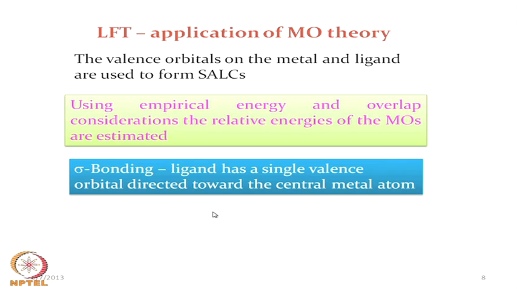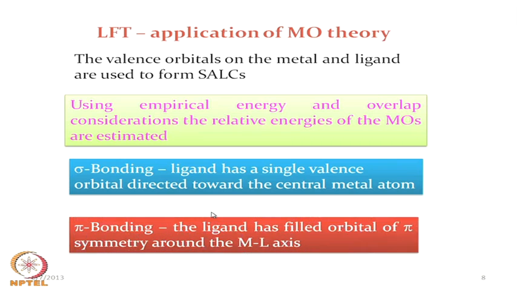Similarly, what can happen for pi bonding? We will get the typical pi bonding also, because pi bonding can modify the nature of this metal ligand interaction differently. That is why we get this information on why carbon monoxide is a stronger ligand than cyanide.